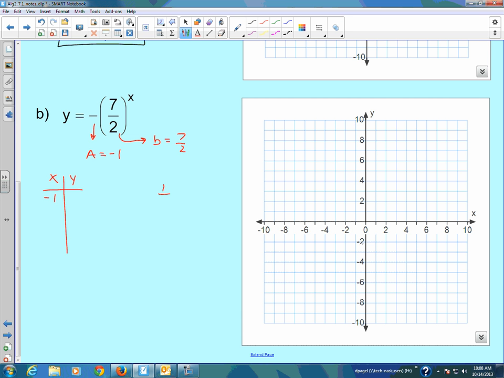So I have a 1 over B, which is a 1 over 7 halves, which is a 1 times 2/7. So say we change and flip it. So I actually have 7 halves becoming now 2/7. And 0, 1, and 1, 7 halves again. But we're multiplying by -1.